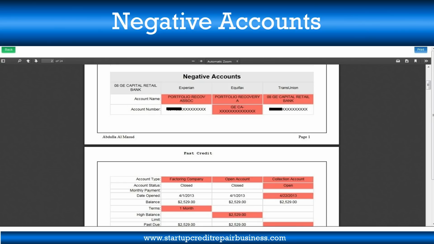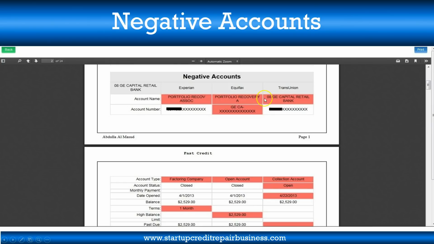Okay, so as you look at this credit report here, this is GE Capital Retail Bank. Now this is a negative item, and Portfolio has the account. Portfolio is a collection account, but as you can see under the account name, the names are all wrong. So everything that's in this color here means it is inconsistent or wrong. So as you can see, Portfolio Recov Associate, Portfolio A, GE Capital.